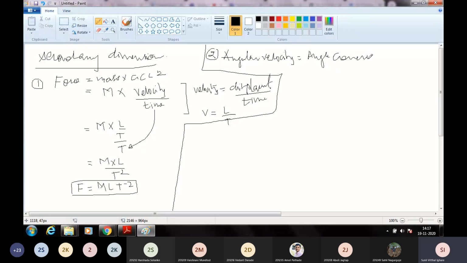Angle covered in radians is dimensionless, so per unit radian we take 1, divided by T. Time is T. So can I write omega is equal to T raised to minus 1?